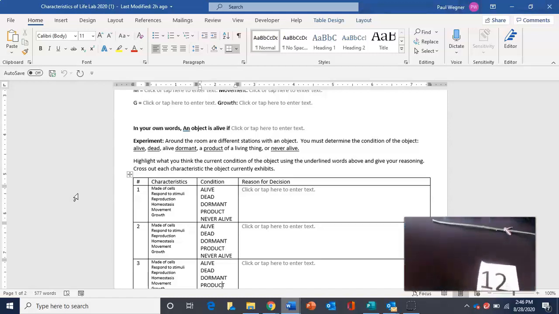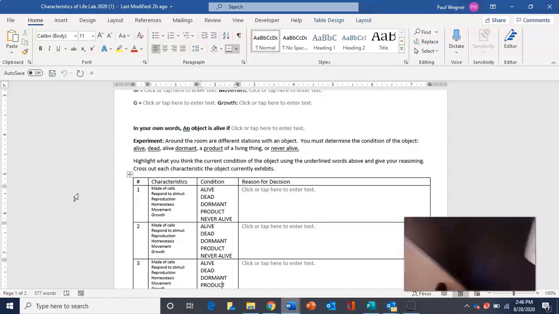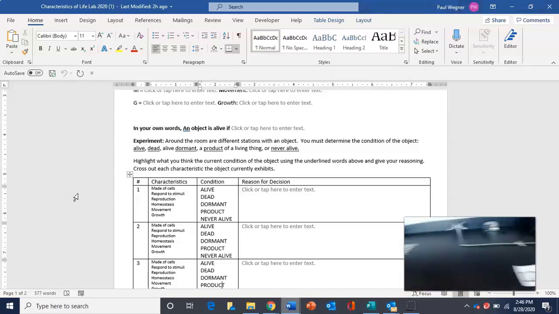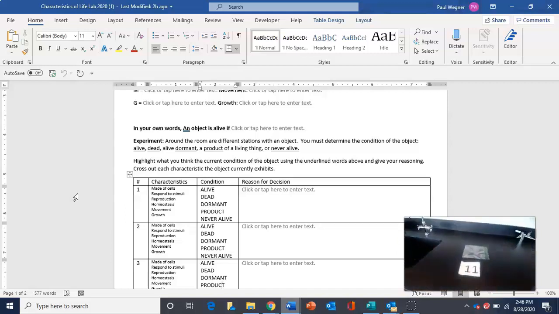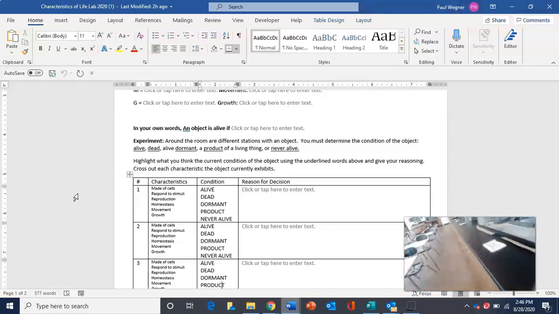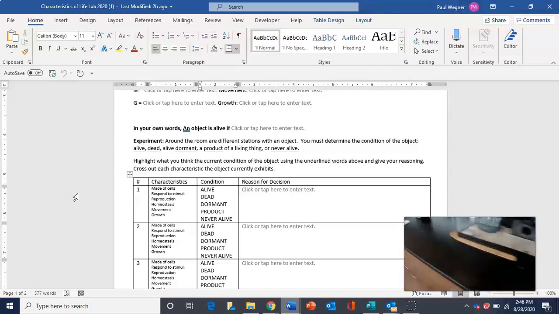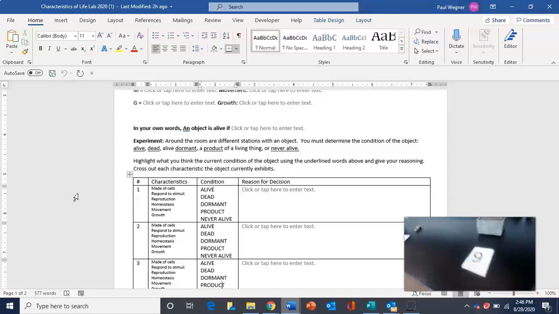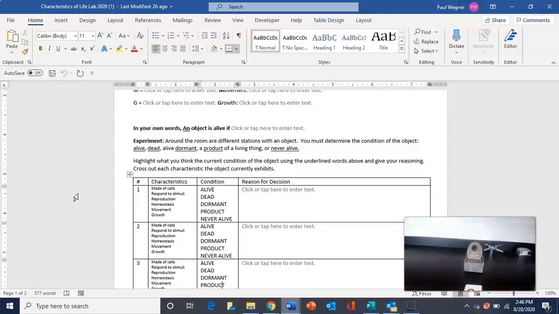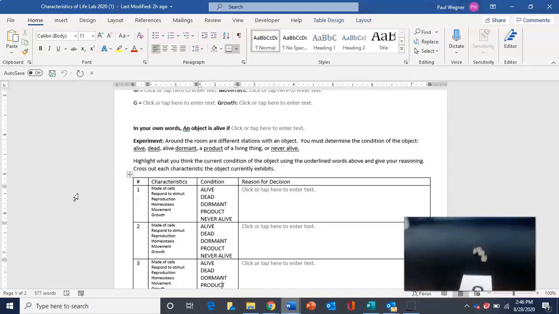All right, any thoughts on 1 through 12? I'm going to review them one more time, going backwards. Number 12. Number 11. Number 10. Number 9. Number 8.